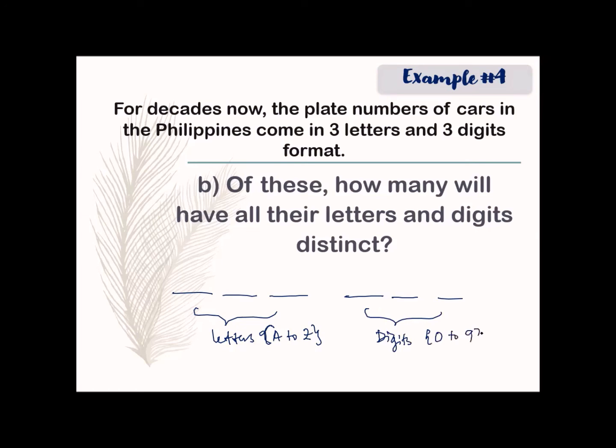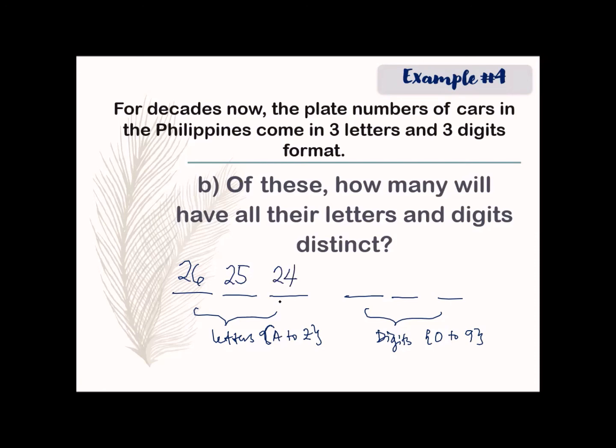up to 9. Okay? So for the first position of the letter, we still have 26. Kasi lahat pwede pa. And then once you chose already one, so mababawasan na yung options natin. So magiging 25 na lang to. So 25 letters na lang ang pinagpipilian natin. And then another one, so we will have 24.